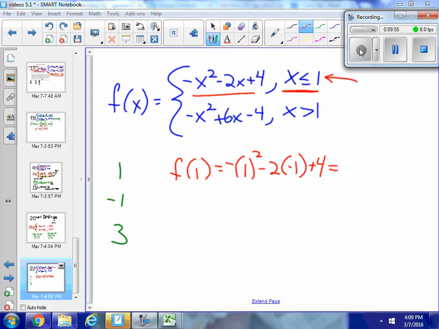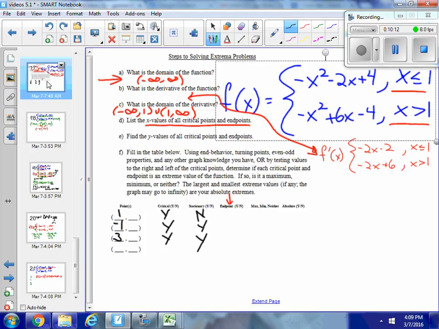And that is equal to negative 1 plus 2 plus 4. That is equal to 5. So at 1, the y value is 5. I'll write that in.